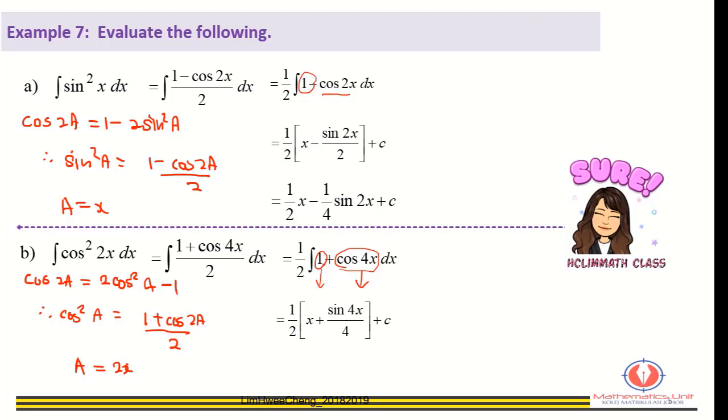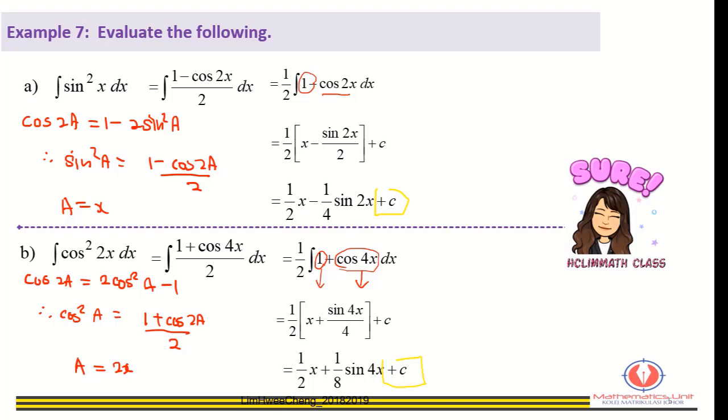You may leave the answer in this way, or you may choose to expand it. What I want to emphasize here is that please do remember to add the integral constant here, because this is the indefinite integral.